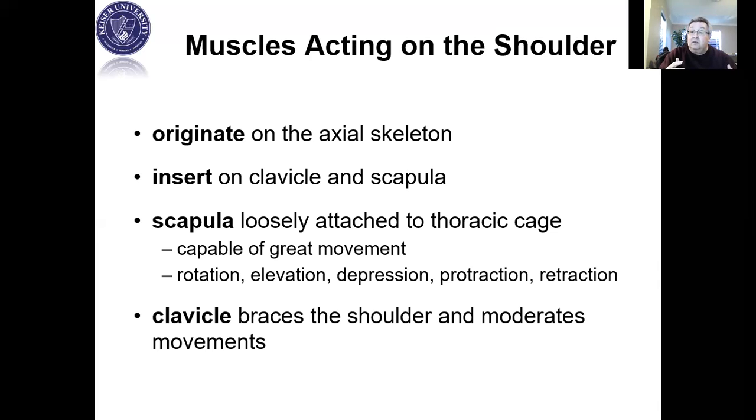The muscles that depress the scapula are the lower trap and the latissimus dorsi. The muscles that protract and bring it forward are the pec minor and the serratus anterior, which we'll talk about in a few minutes. And the muscles that retract it and bring it back are the middle trapezius and the rhomboids. So you see, we've already gone over a lot of movement at the scapula.